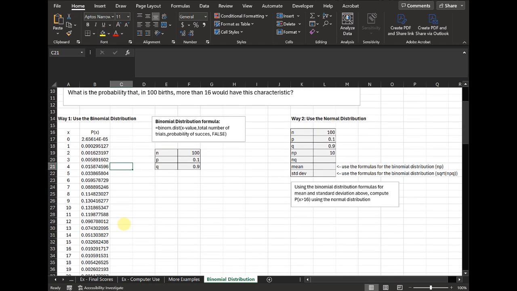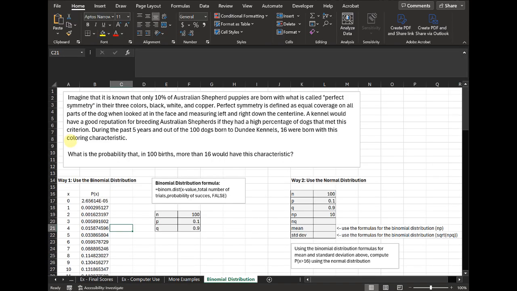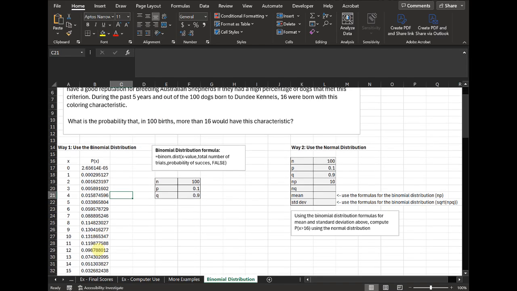So I have this binomial distribution table where each x is the outcome that we're interested in. X equals 0 would mean the probability that out of 100 births, there are 0 puppies that have this perfect symmetry. X equals 7 is the probability that out of 100 births, 7 puppies have this characteristic.